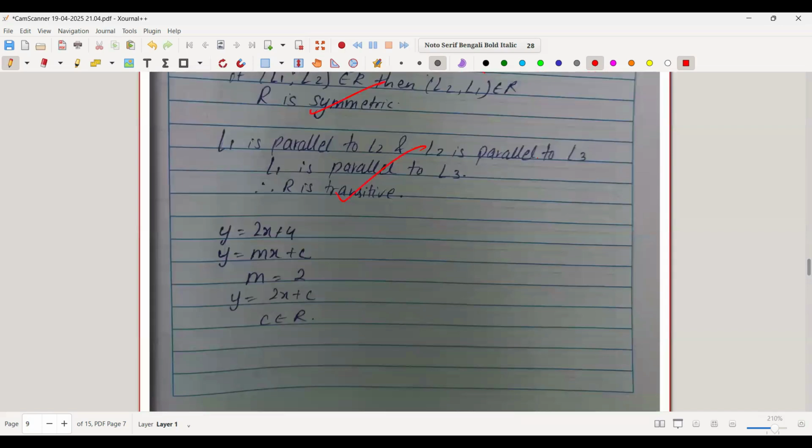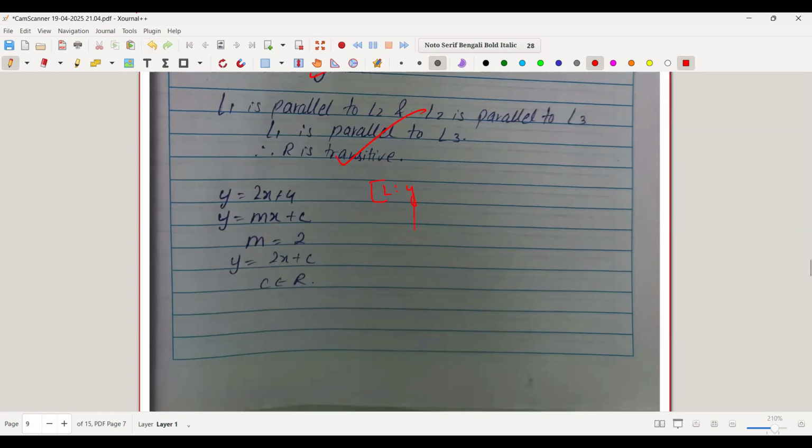So the equivalence class of the line L equals the set of lines L such that y equals 2x plus 4.